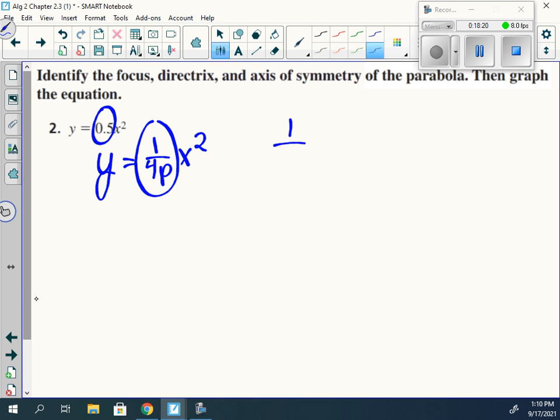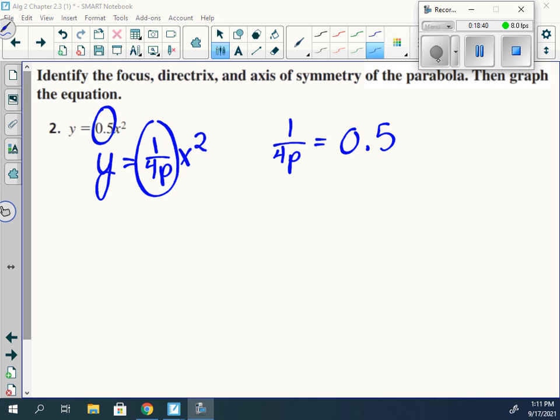So to find the value of p, we say 1 over 4p is equal to 0.5, because that's where p is located. Even though it's not a fraction, that's fine. We know that whenever we plug the value p into 1 over 4p, we should get 0.5.